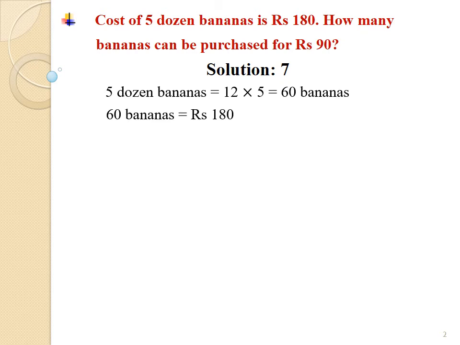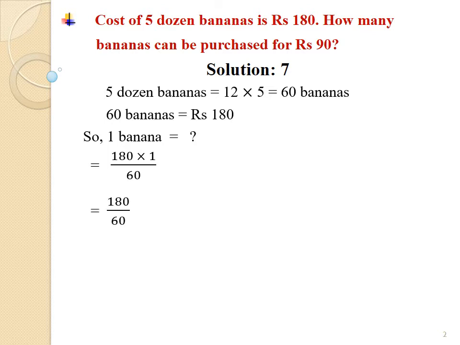By cross multiplying, we get 180 into 1 upon 60. Now multiplying numerator with numerator, that is 180 by 1, and keeping denominator 60 as it is, we get 180 by 60.